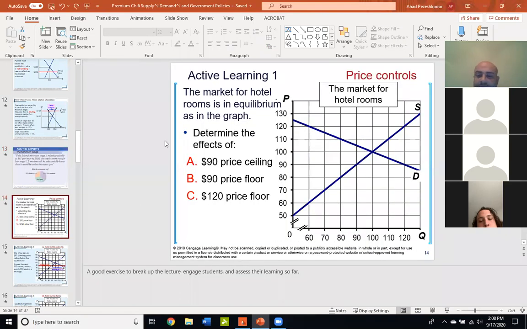Okay, here's an example. Market for hotel rooms in equilibrium. You have three different scenarios. First, a price ceiling of $90, then a price floor of $90, and then a price floor of $120.